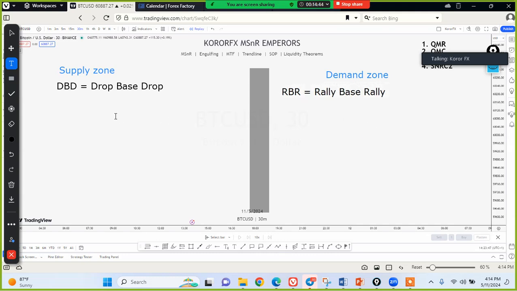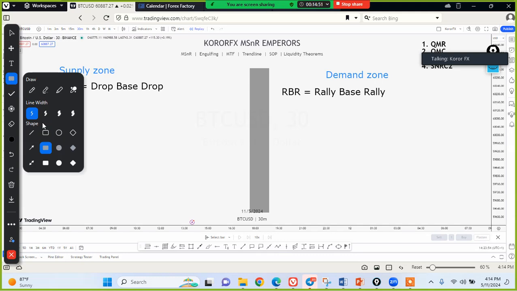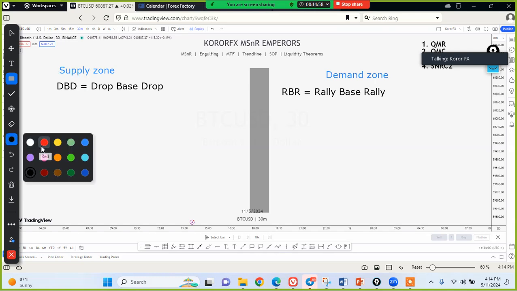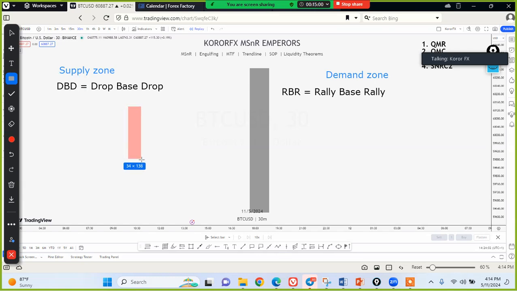All right, so how does the drop base drop look, and how does the rally base rally look? Let me draw some candles so that you will understand. So drop means price is coming from high.